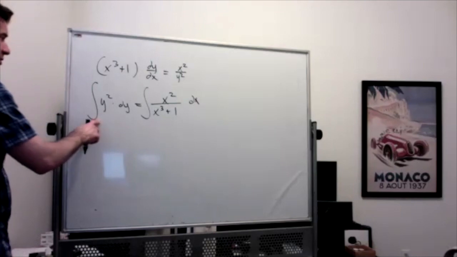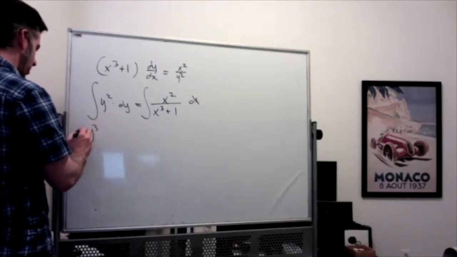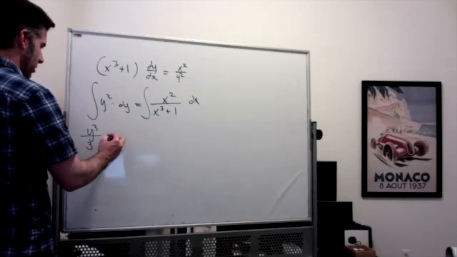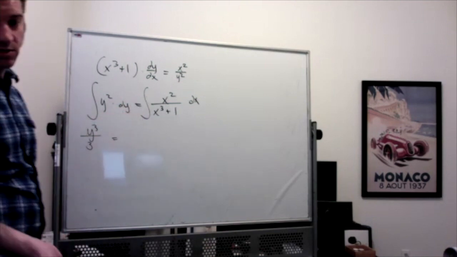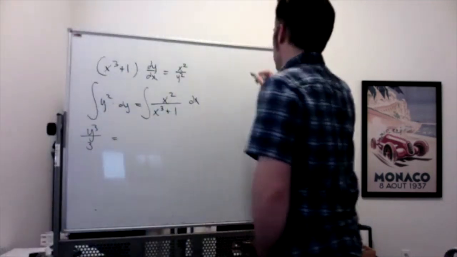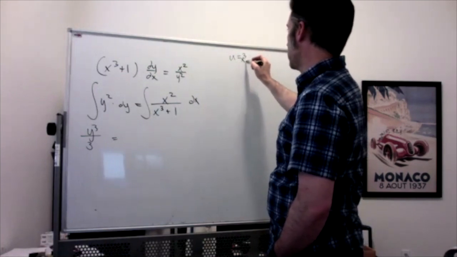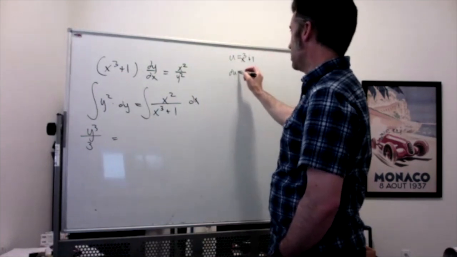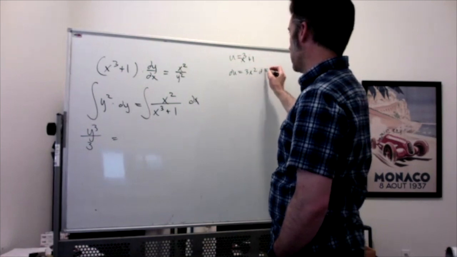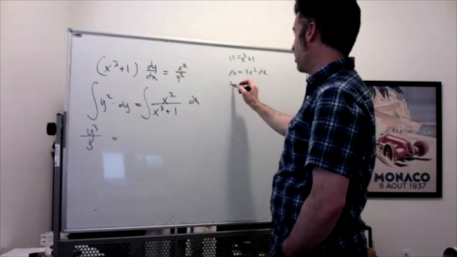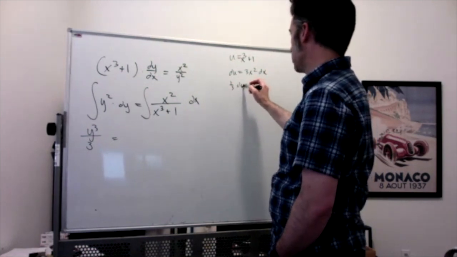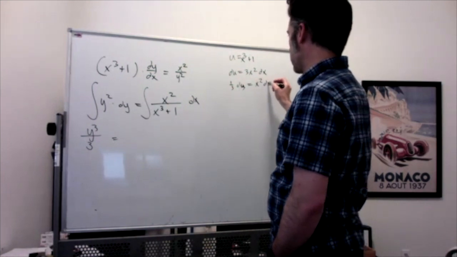The integral of y squared is y cubed over 3. The integral of x squared over x cubed plus 1, we need to do a little bit of work. Our u is going to be x cubed plus 1. Our du is going to be 3x squared dx. So 1/3 du is equal to x squared dx.